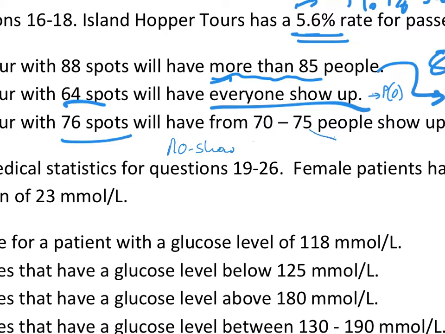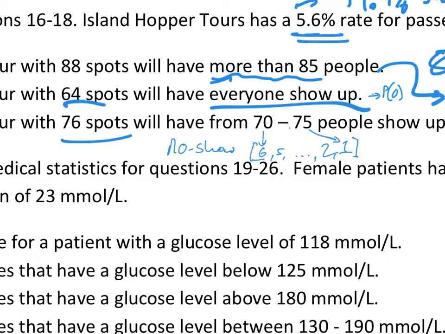So if 75 people came, 1 person was a no-show. If 74 people came, then 2 people are no-show. All right, so on and so forth. If 70 people come, then there's, nope, sorry, 6, because we've got 76 spots. So 6 that are no-show. Okay, so we're talking about the numbers from 6 to 1. So the no-shows from 6 to 1.